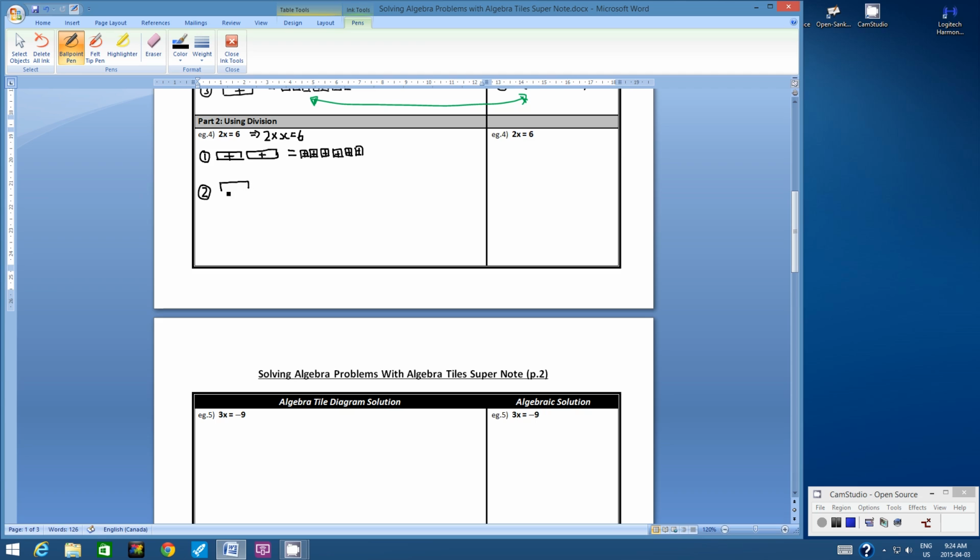So here's what I mean. What we're going to do is we're going to stack the two positive x's one on top of each other. Okay? And then what I want to do is I want to divide these 6 positive tiles into two separate groups. So 6 positive tiles separated into two separate groups. How many positive tiles would be in each group?